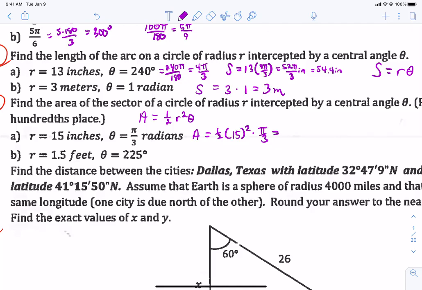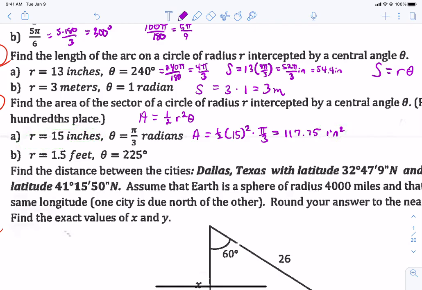So we've got 1/2 times 15 squared times 3.14 divided by 3, and we get 117.75 square inches. Now, why is it square inches? Well, area is a square unit. Our original units were inches, so we're going to use square inches.